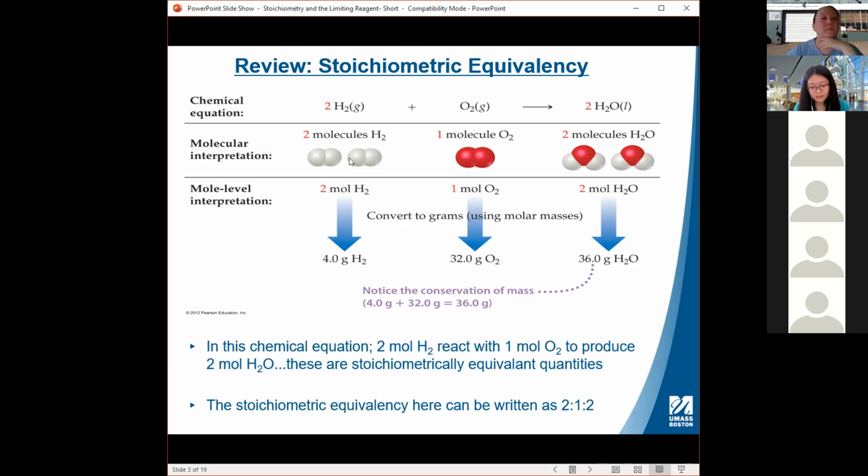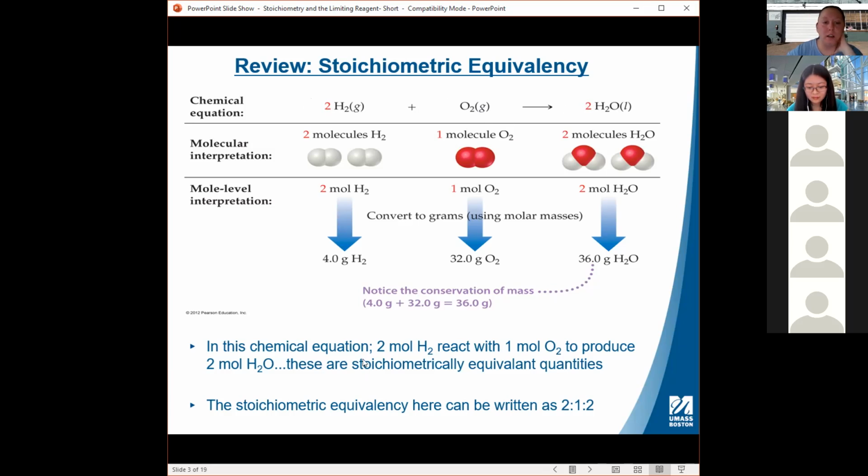Okay, so let's go back to the balancing here. So what this means is 2 H2 and 1 O2 makes 2 H2Os. We can also think of this as moles. So 2 moles of H2 gas plus 1 mole of O2 gas makes 2 moles of H2O.